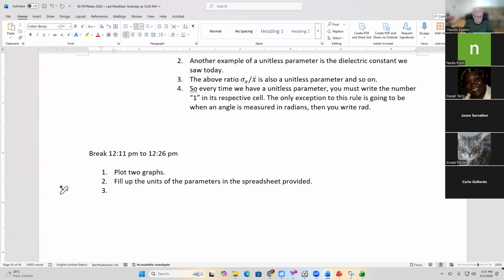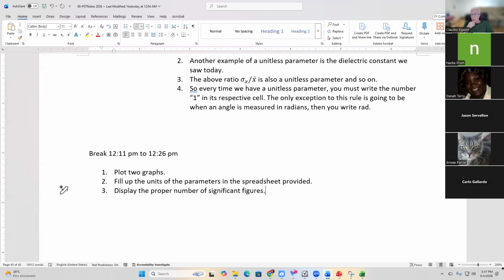You have to display the proper number of significant figures. Okay? Proper number of significant figures, okay?